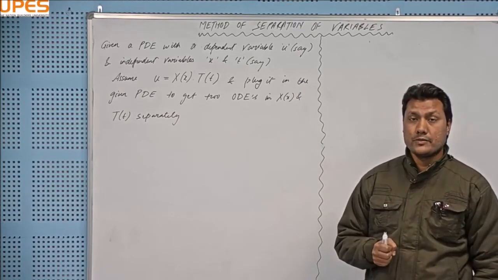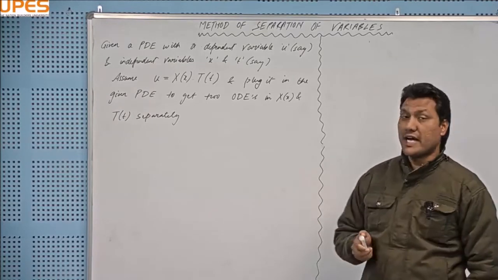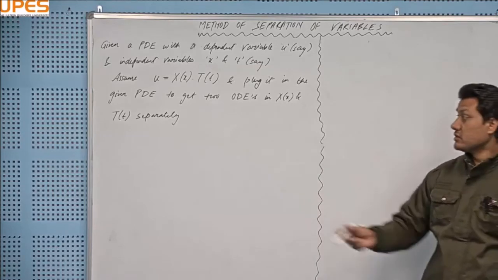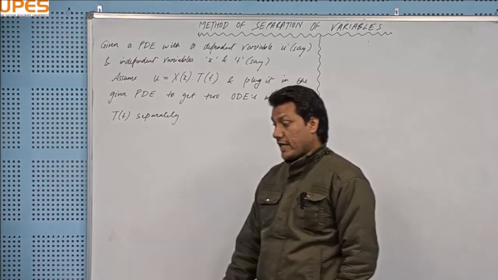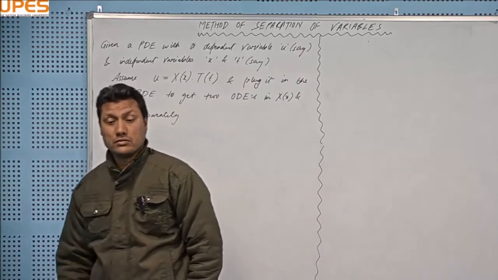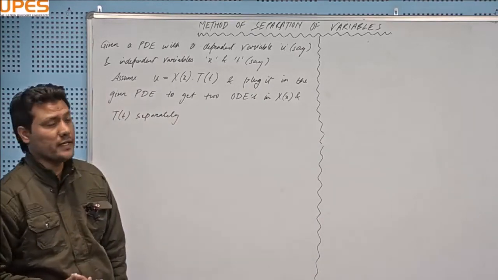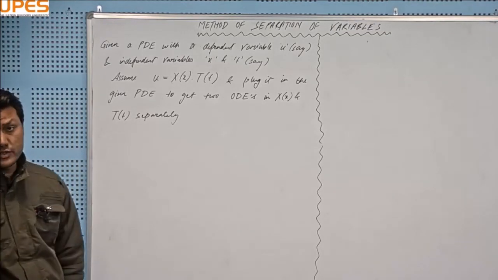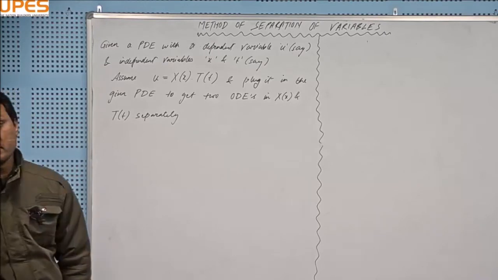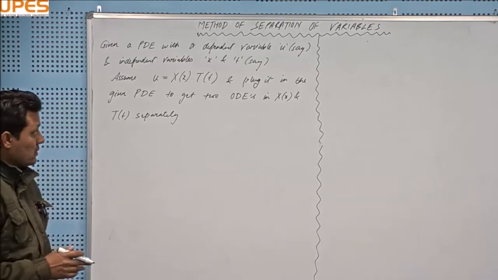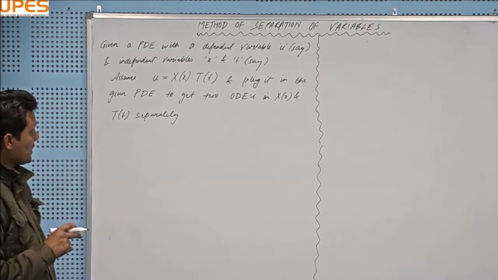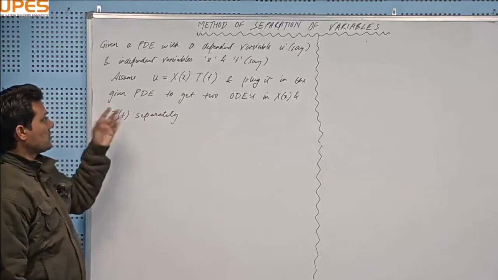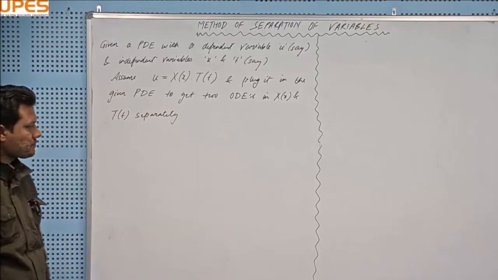So the sufficient condition to use this method is that the PDE should be linear and should have constant coefficients. And in case of non-linear equations, or when the coefficients are functions of x and y, this method may or may not be used. So there is no strong theorem which tells you when the method of separation of variables can be applied, but a sufficient condition is that the PDE is linear and has constant coefficients.